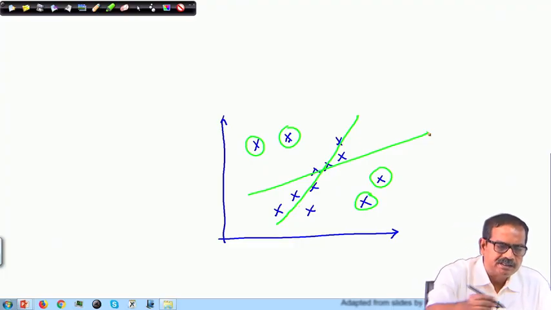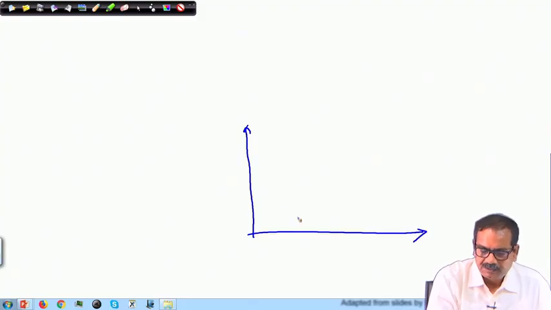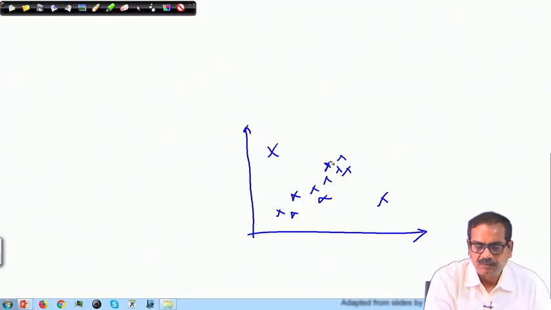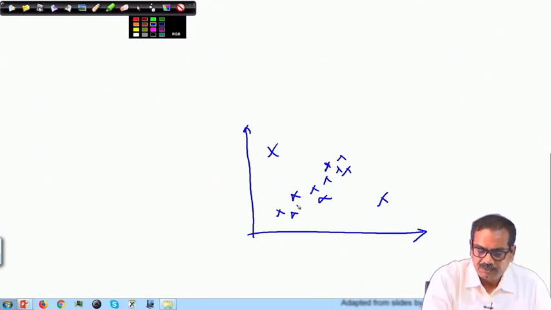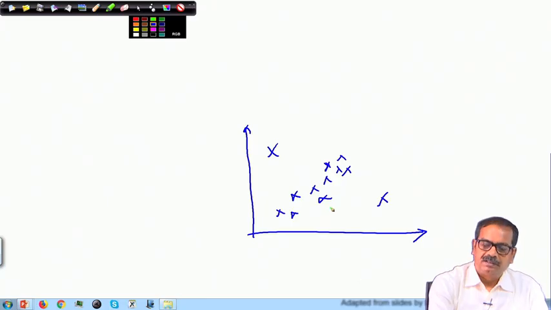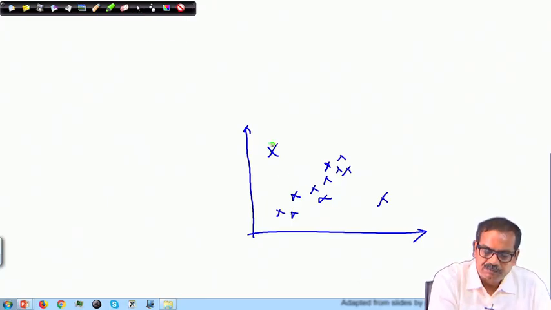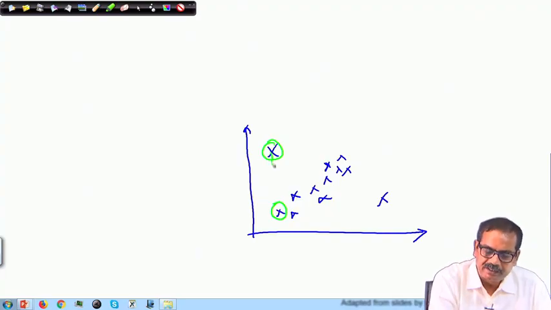So, here are examples of some points which form good inlier points for fitting a straight line, and say there are 2 outlier points. You choose some initial set of points, arbitrarily. Say initially you have chosen this point and this point, the minimal set, and you fit a straight line.